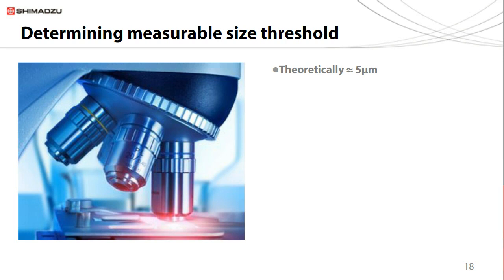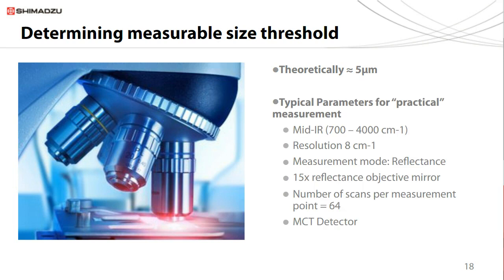Our measurement parameters included typical parameters that are often used in infrared microscopy. The measurement range was set to mid-infrared with a resolution of 8 reciprocal centimeters. All measurements were carried out in reflectance mode with a 15x reflectance objective mirror, and most importantly, only 64 scans per measurement point were averaged to keep each measurement under a minute while obtaining a high signal-to-noise ratio with a single-point MCT detector.